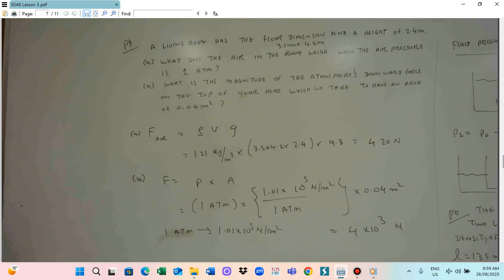Multiply area. So this is the 1 atm, this is the atmospheric pressure. Every 1 atm got the ratio 1.01 into 10 power 5 Newton per meter square. So atmospheric pressure is 1.01 into 10 power 5 Newton per meter square.